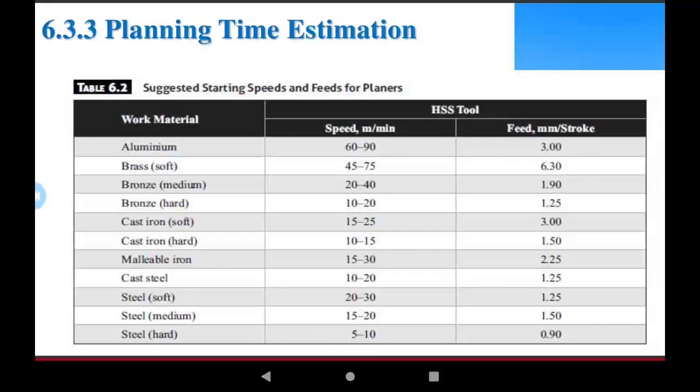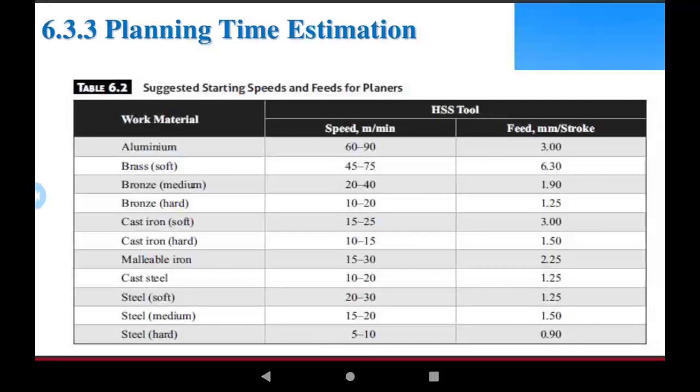The feed rate is fixed at 3 mm per stroke for cutting these metals. For brass, which is soft, machining on the planing machine is performed at a tool speed of 45 to 75 meters per minute, and the feed rate for brass is 6.30 mm per stroke.